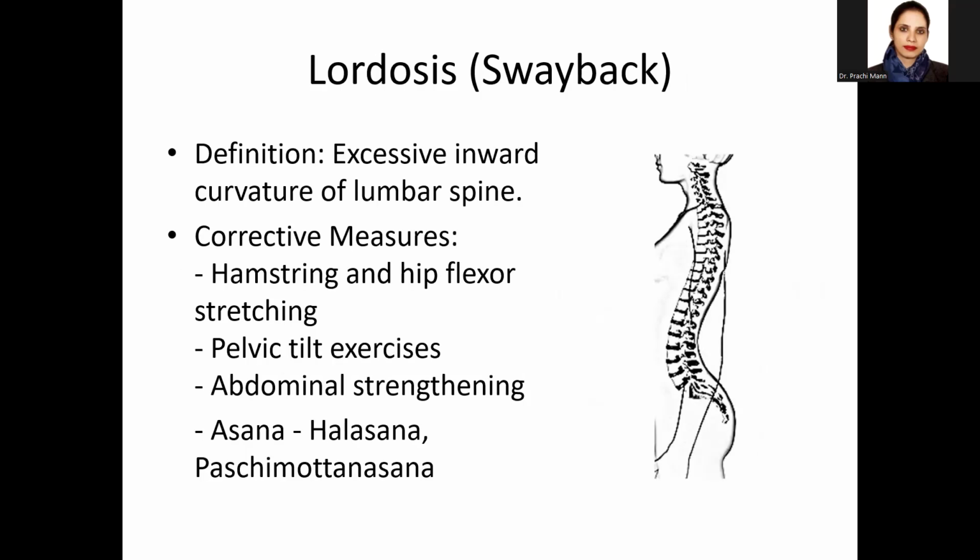Now, next deformity is lordosis, also known as hollow back or sway back. In this lordosis, there is an exaggerated inward curve of the spine, usually in the lower back, or we can say lumbar region.